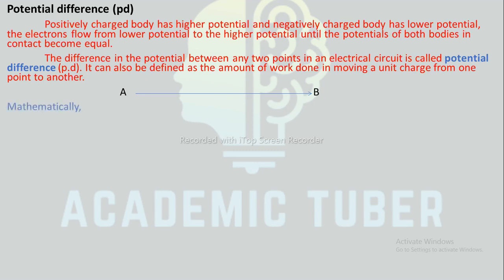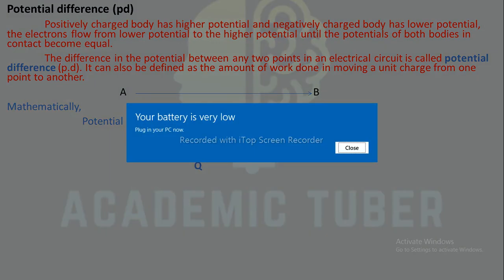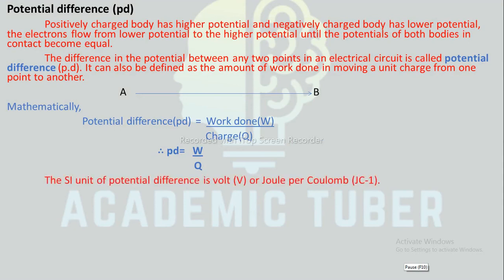point to another. Mathematically, potential difference PD equals work done W by charge Q. That is, PD equals W by Q. The SI unit of potential difference is volt, which is denoted by capital V, or joule per coulomb.